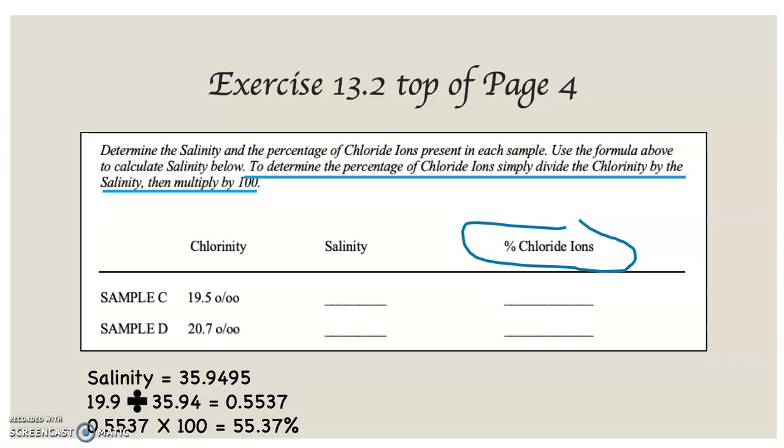Following what I underlined there, we just take 19.9 divided by 35.94. You can see I sort of rounded a little bit. And when you do that, you come up with 0.5537. Multiply that by 100, and we get the percentage of chloride ions, which is 55.37%. There you go. Hope you like that.